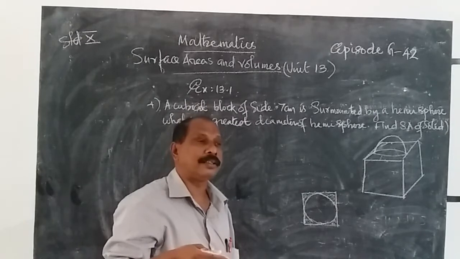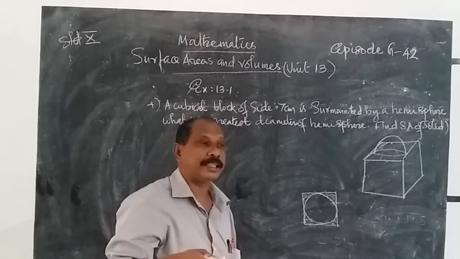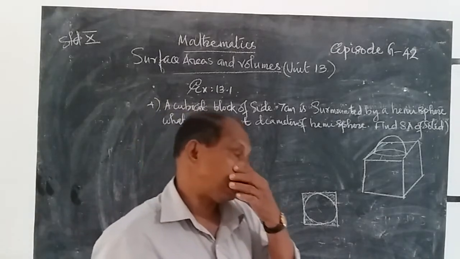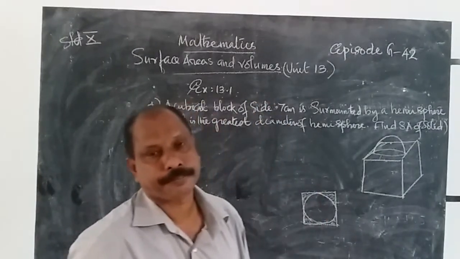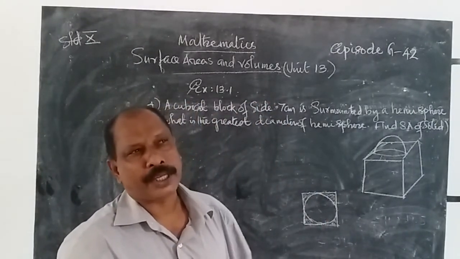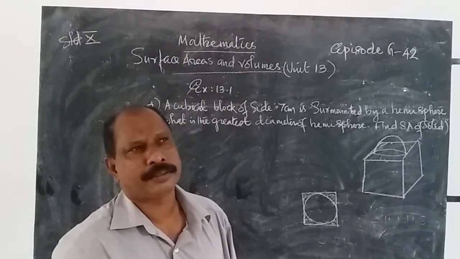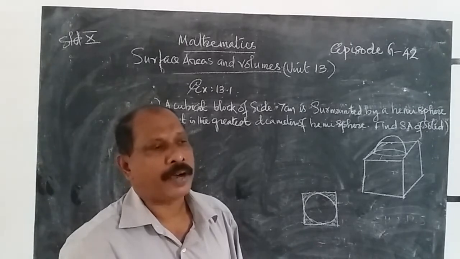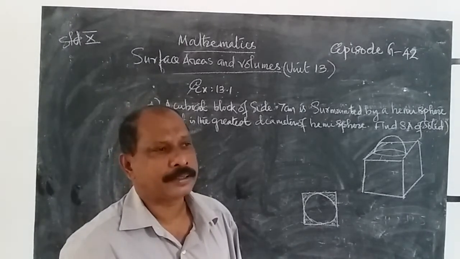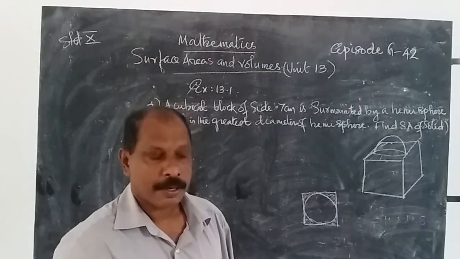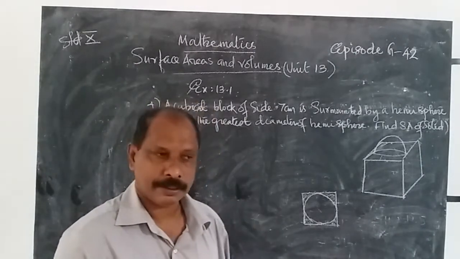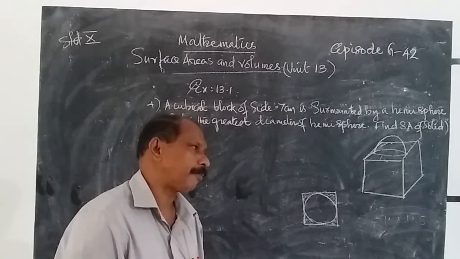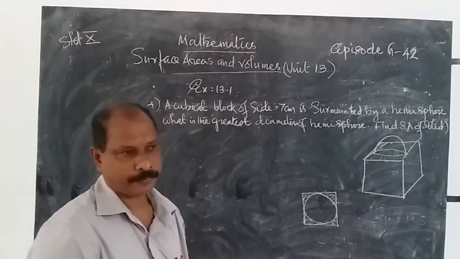Then we know that 6 a square is the total surface area. Out of 6 a square, that is 5 a square plus a square minus pi r square. That is 6 a square minus pi r square.